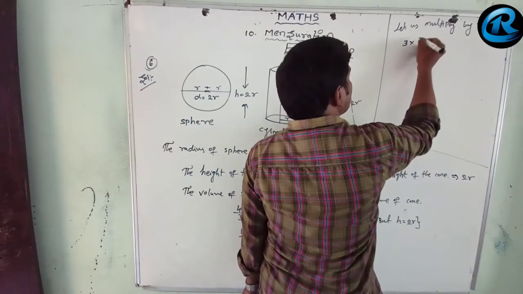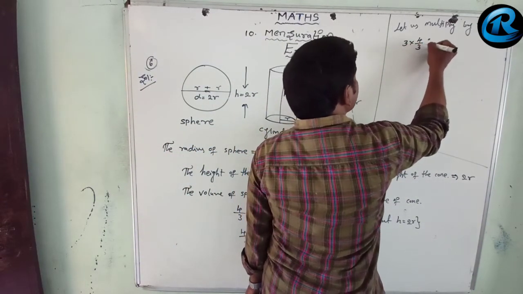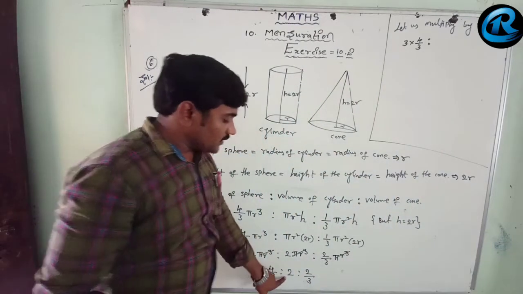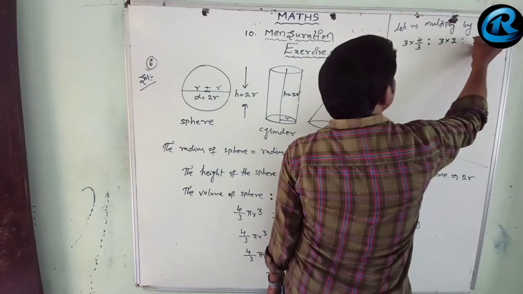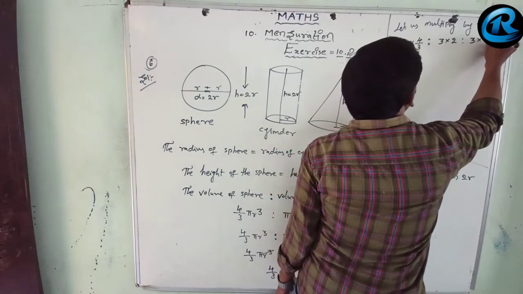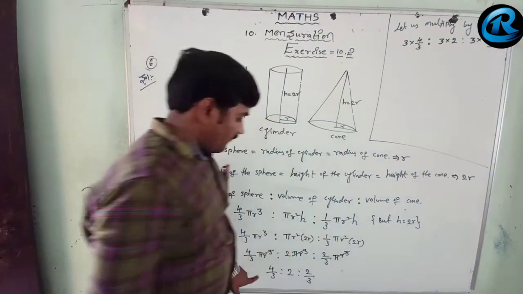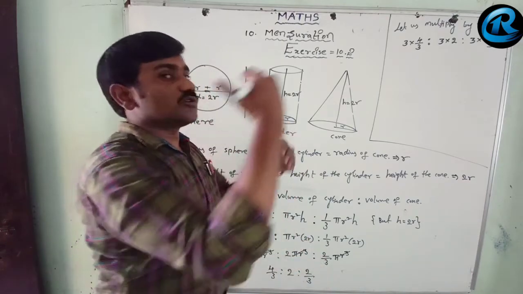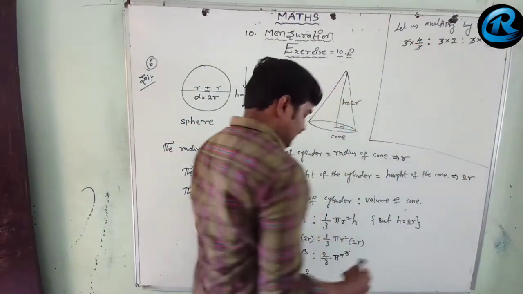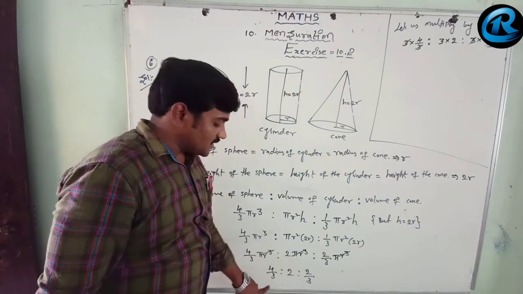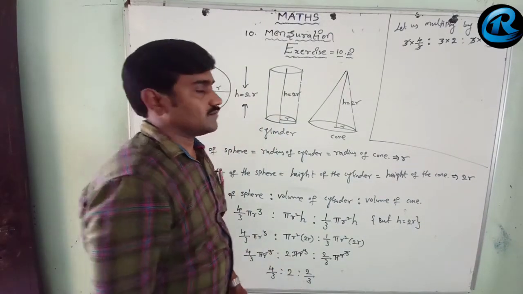So 3 into 4/3 is to 3 into 2 is to 3 into 2/3. So every ratio I have raised up into 3 times. So 3 get cancel, 3 get cancel. అప్పుడు 3 cancel అయిపోతుంది. ఎందుకు 3 times ఏం చేసామంటే డినామినేటర్ 3 ఉంది కనుక 3 times చేసాం.